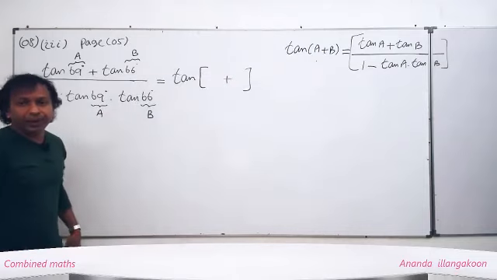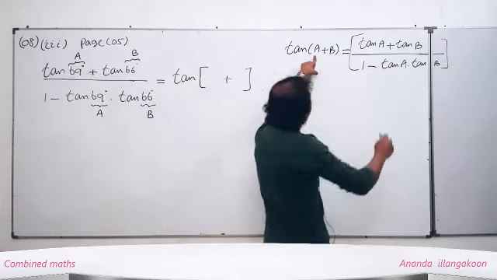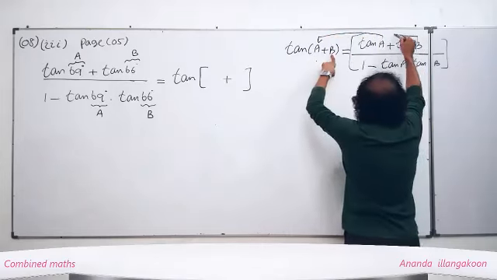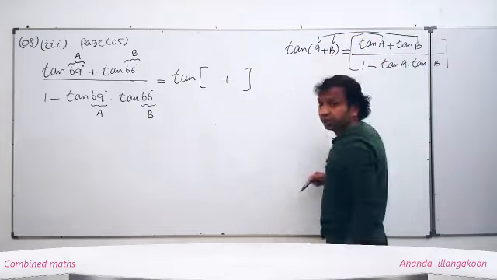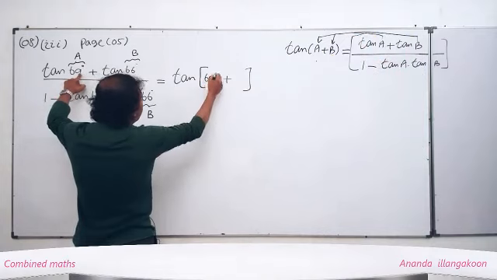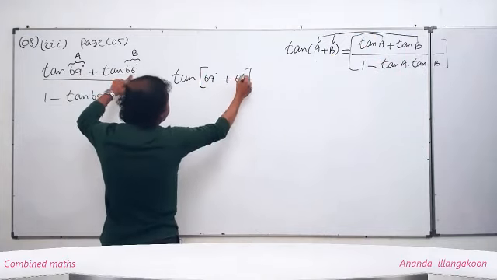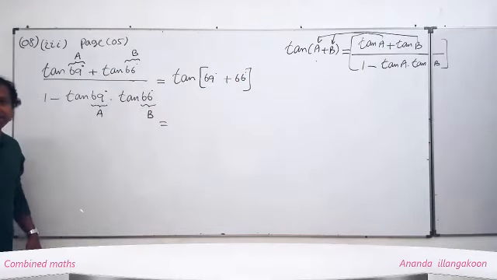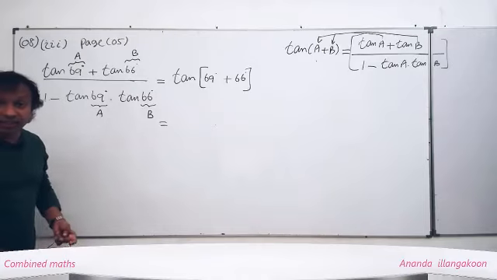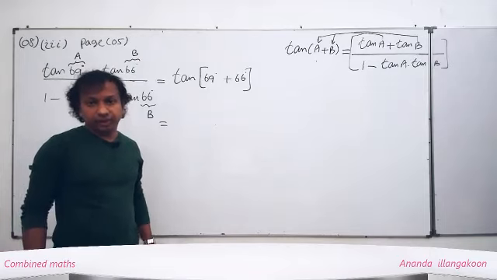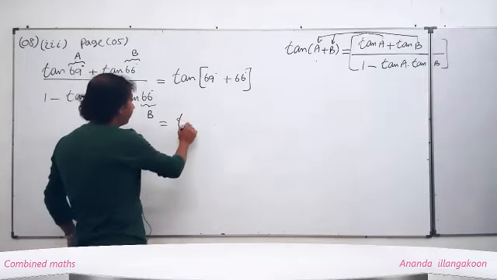Let's see what the two angles are. This A means the first angle, and this B means the second angle. So then I can write here the first angle 69 and 66. 69 plus 66. What's that, people? 135.